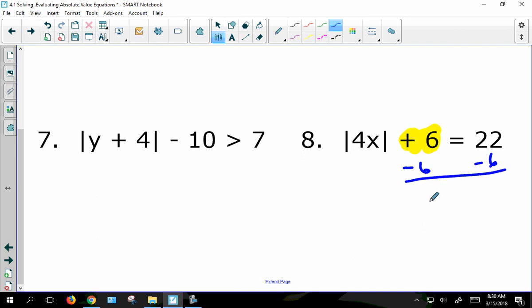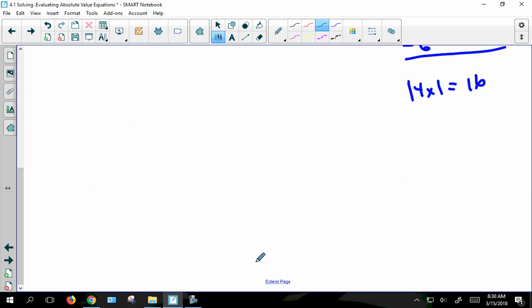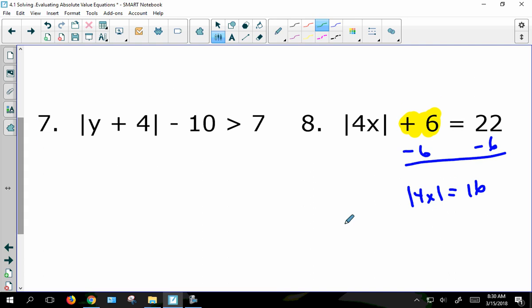So I'm going to get the absolute value of 4x equals... What's 22 minus 6? 16. So now I take it out of the absolute value box. So now I say 4x equals 16 and 4x equals negative 16. So x equals 4 and x equals negative 4.